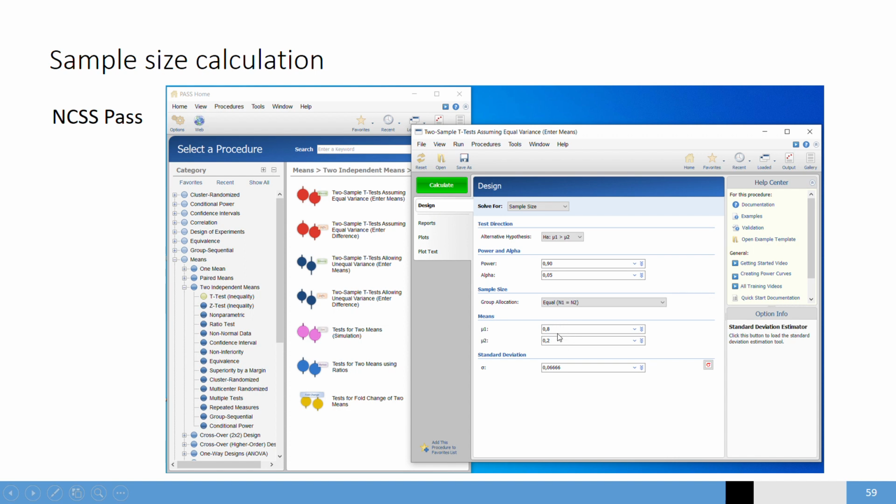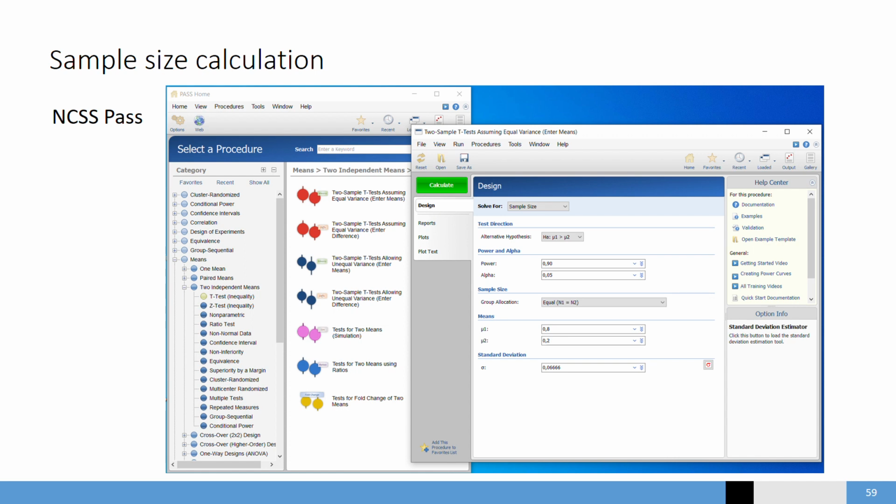So this difference is actually the gap that we want to detect. What is the standard deviation? And there are many possibilities here for calculating the sample size. The one that we have been explaining is the one for a two sample t-test assuming equal variance, or even, in the case of the cutaneous lesion, we were using different variances.